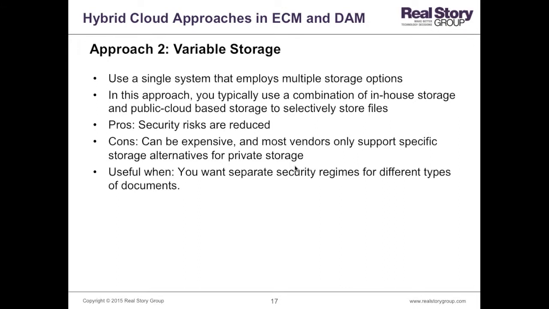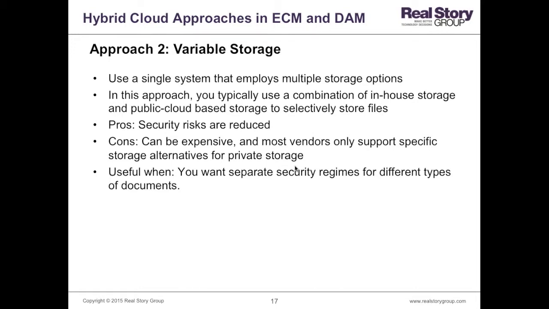Another hybrid approach involves using a single system that employs multiple storage options. These are often based on access and security considerations. In this approach, you typically use a combination of in-house storage and public cloud-based storage to selectively store files.